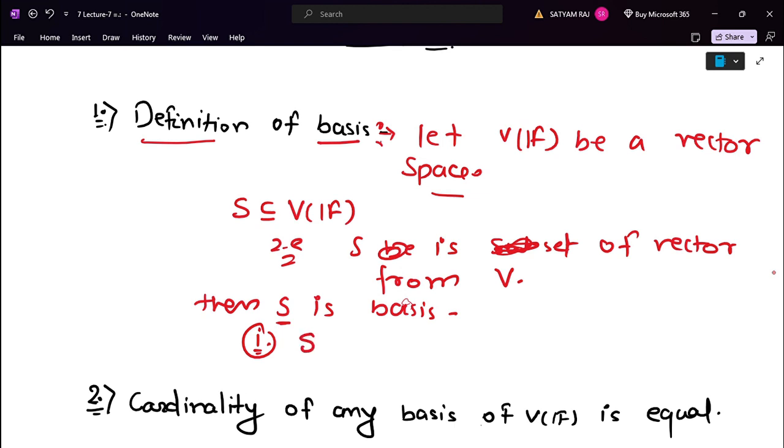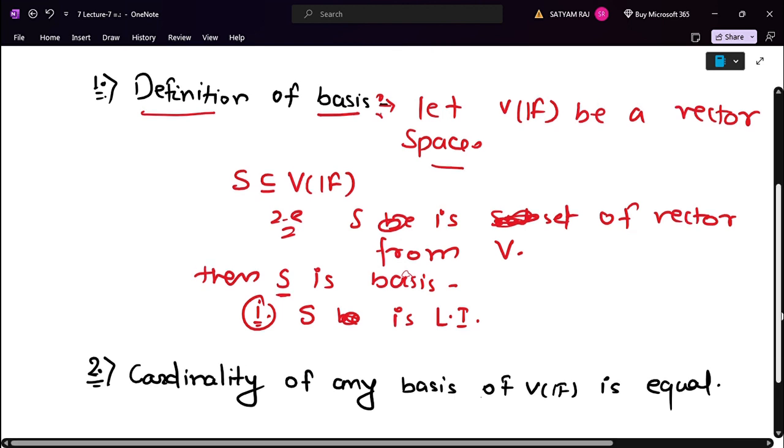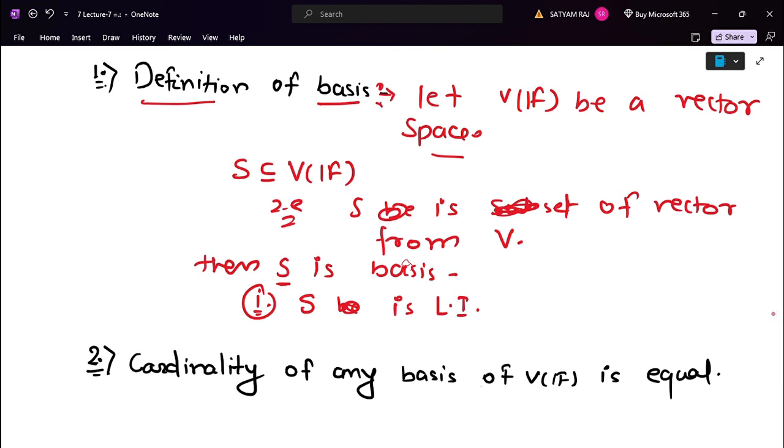First, S should be linearly independent, and I have discussed what a linearly independent set is in the previous lecture. You can visit. And S spans V over F.